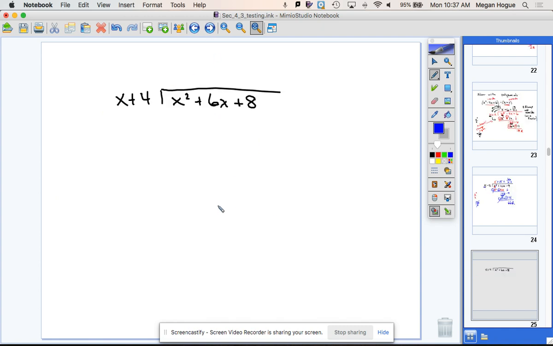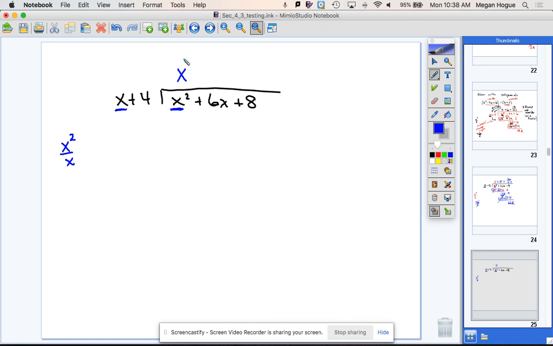Ooh, let's see if we can knock one out really quick. x plus 4 over x squared plus 6x plus 8. I'm going to go kind of quick just so we can maybe take a picture of it at the end if we need to. I'm going to take x squared and x and divide them. What's x squared divided by x? x.